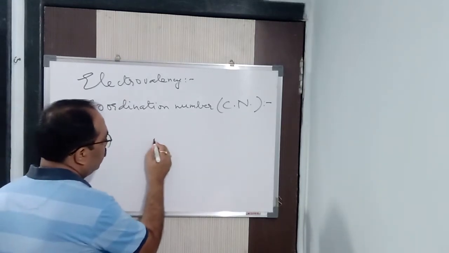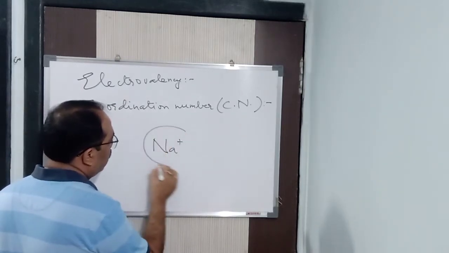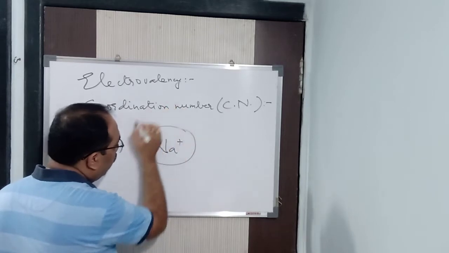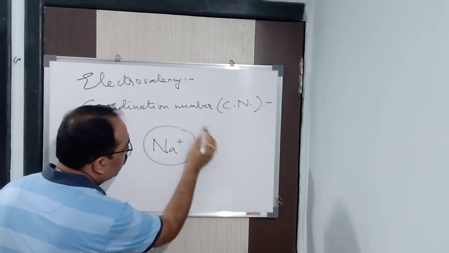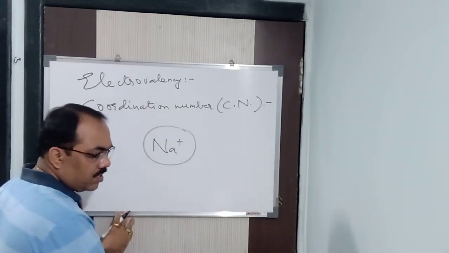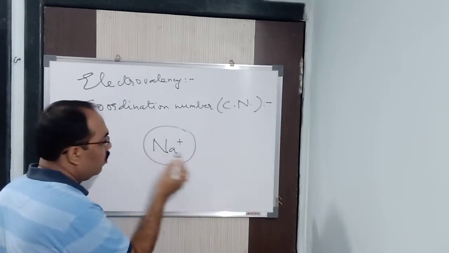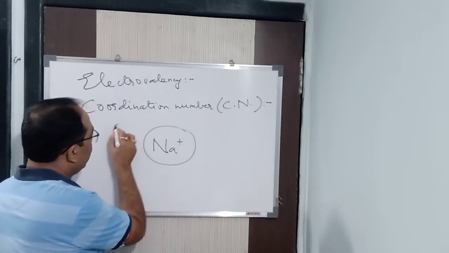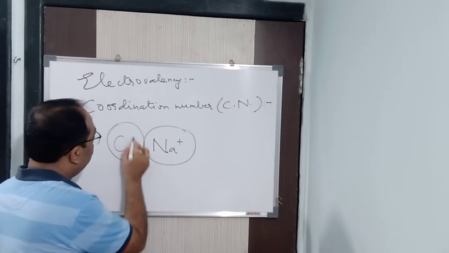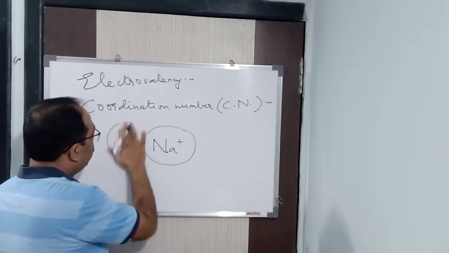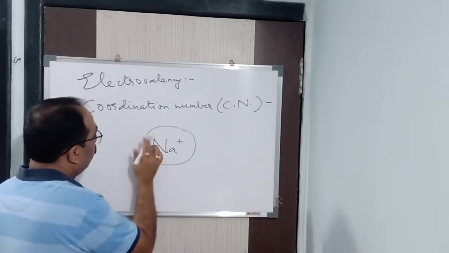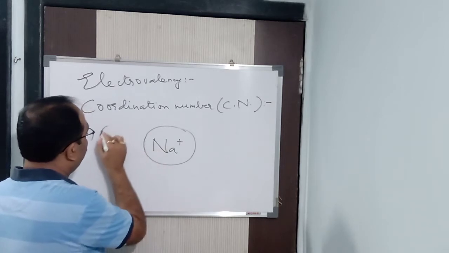For example, suppose we have a sodium ion. Around the sodium ion, how many oppositely charged ions are present in sodium chloride? Only 1 chloride, Cl minus. Of course it will not be in contact, since it is not a covalent bond, but it will be near to it.